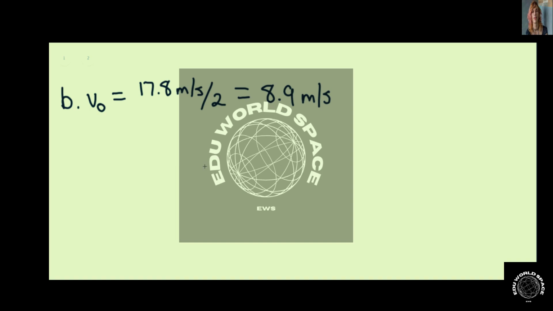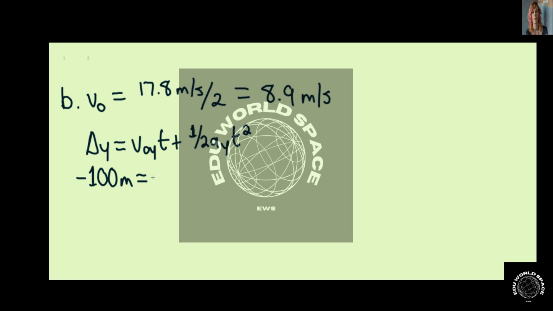So let's use the y direction, and we have delta y equals v initial y times t plus 1/2 a sub y t squared. This is essentially going to give us negative 100 meters.